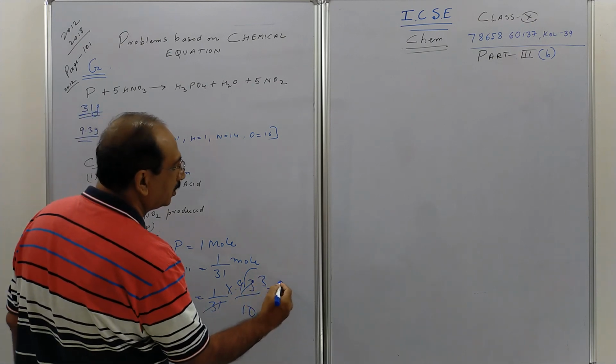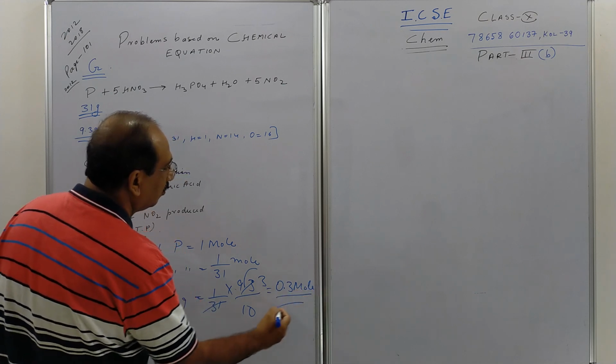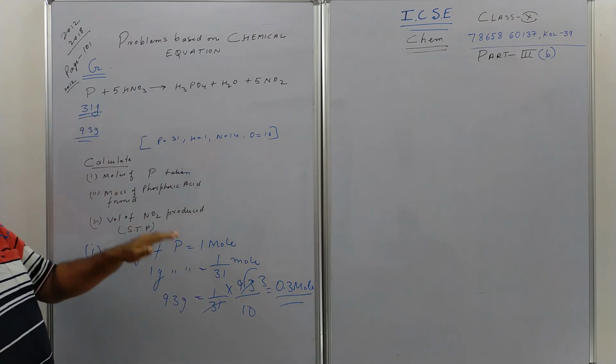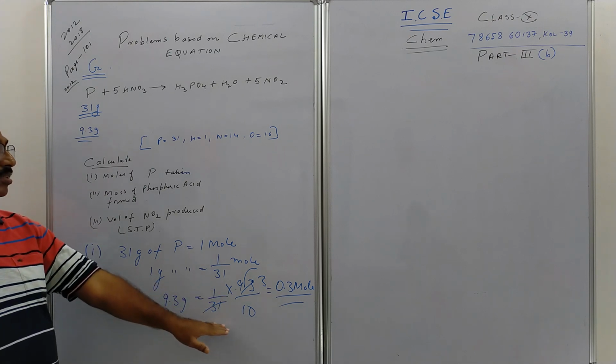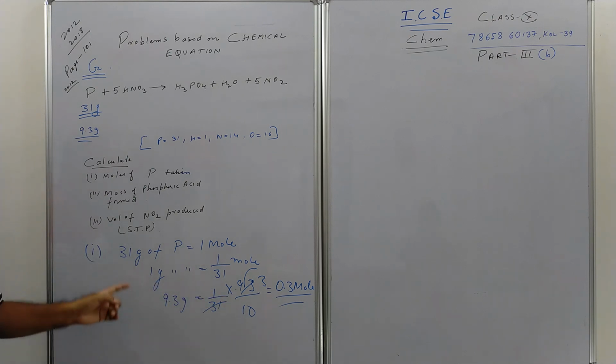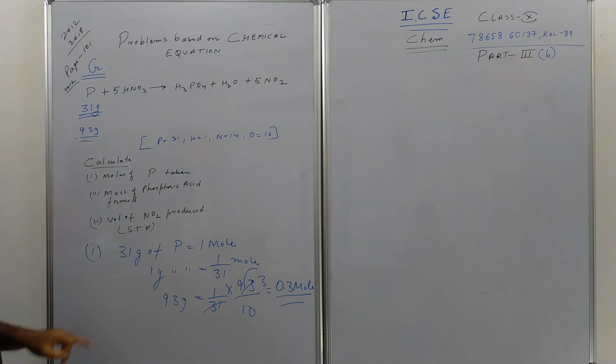So 3/10 means 0.3 mole. Once more, 31 gram is 1 mole. So 9.3 is 0.3 mole, means 30%. 10% is 3.1, 1 decimal you remove. So 30% is 9.3.